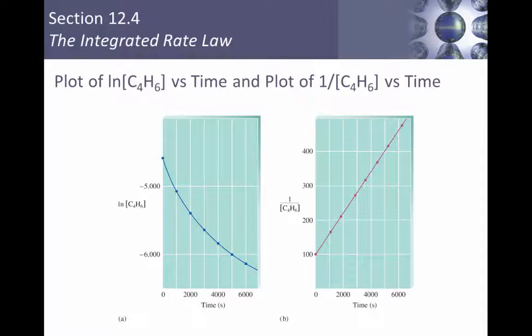And so we can see that natural log, which is first order, is not a straight line. So that reaction of C4H6 turning into C8H12 is not first order. Instead, it's second order, because second order is the one that gives you the straight line. Notice it's a positive slope. Okay, so that's the purpose of using the integrated rate laws, is for graphing to determine which order you have.